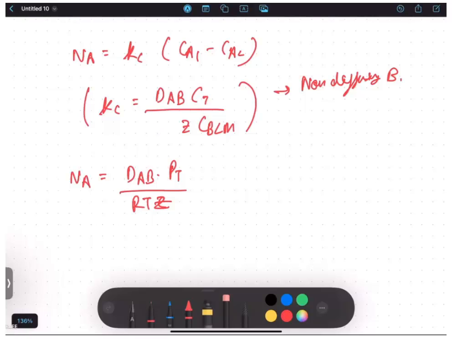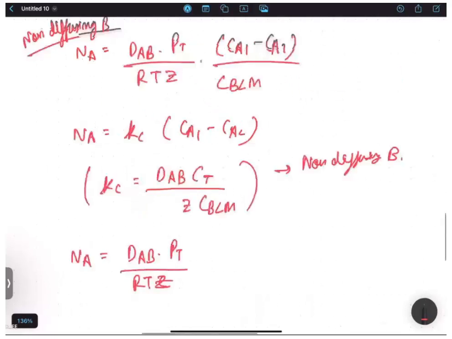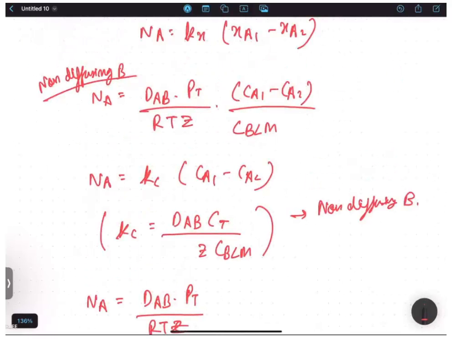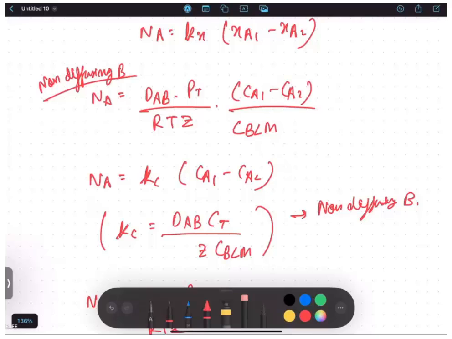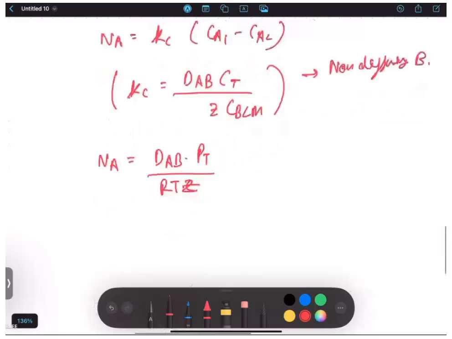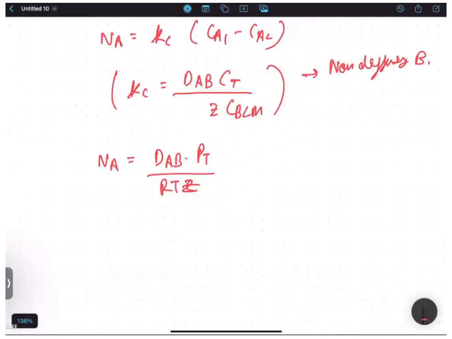This also you can represent, no worries. Instead of writing it PT by RT, if you write it, then also it is not wrong, because CT is nothing but PT by RT. Or you can directly write CT also, as we are taking concentration, so let us write CT.